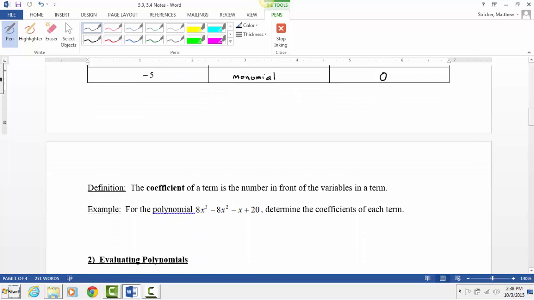One more definition here. We have the definition of coefficient. The coefficient of a term is the number that's in front of the variable part in the term. So let's make a little table here. In the top row we'll have the term, and the bottom row will have the coefficient.